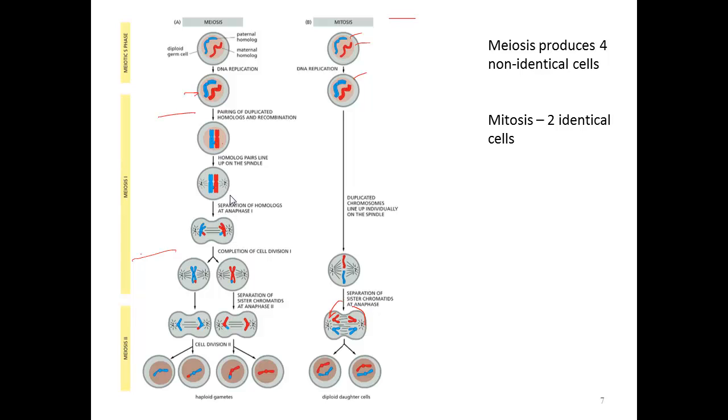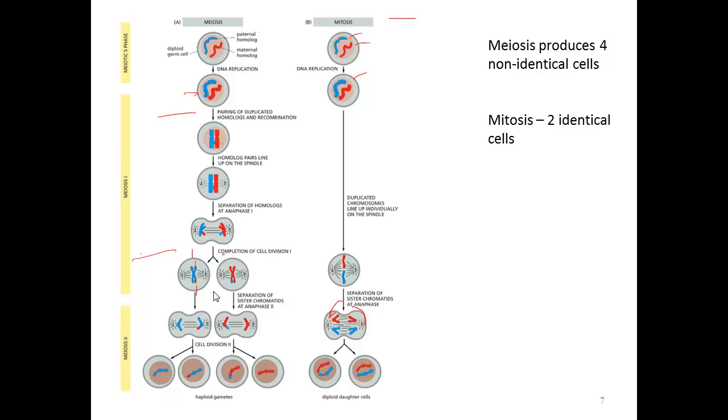And then the duplicated homologous chromosomes will be sorted, or segregated rather, and then there is another metaphase, metaphase 2, where all the chromosomes are lining up independently, and now we're going to split sister chromatids and produce 4 cells.